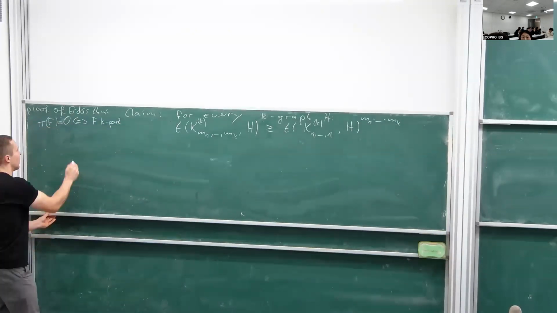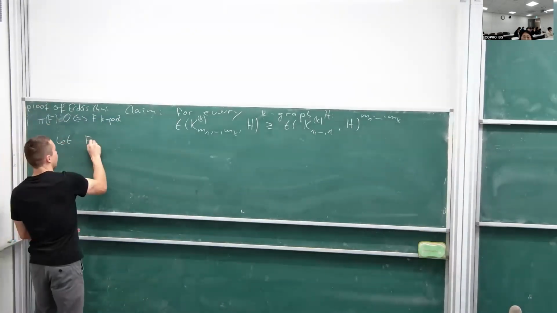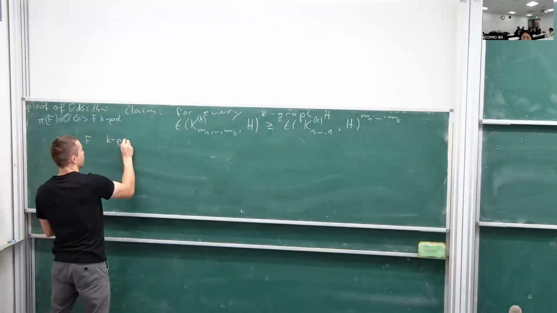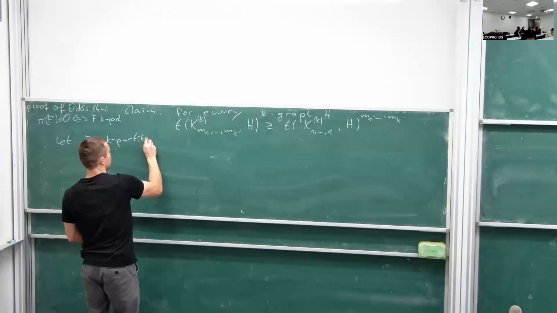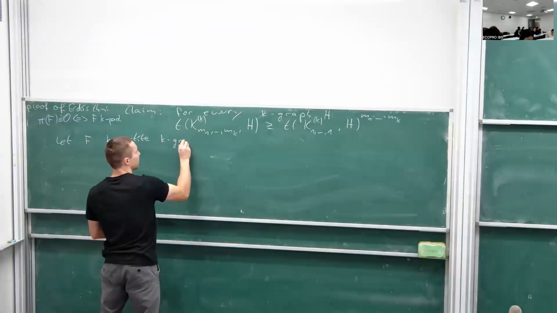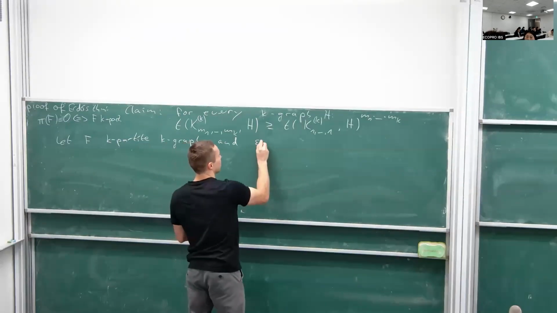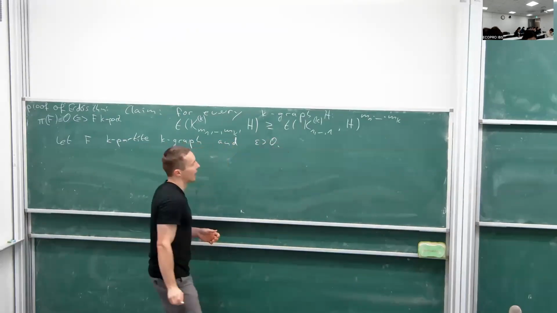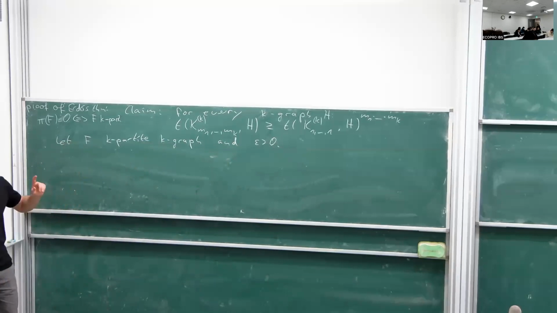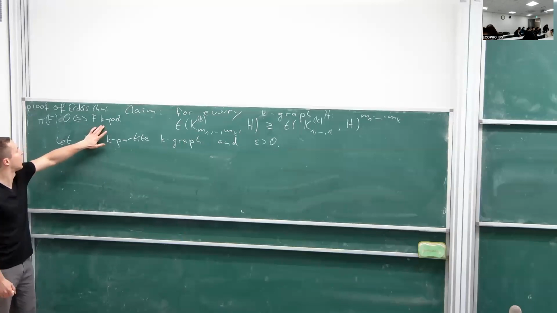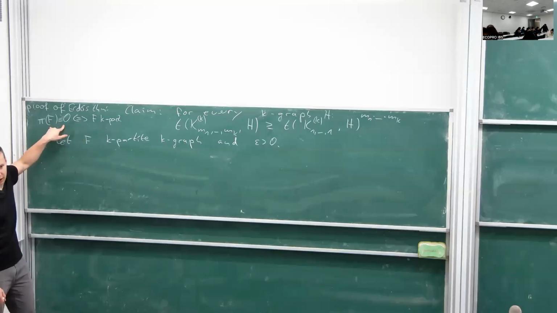Okay, so let F be such a k-partite graph, and let's have some epsilon given. Also recall that we proved one direction, right? We proved that if F is not k-partite, then the Turán density is greater than 0.